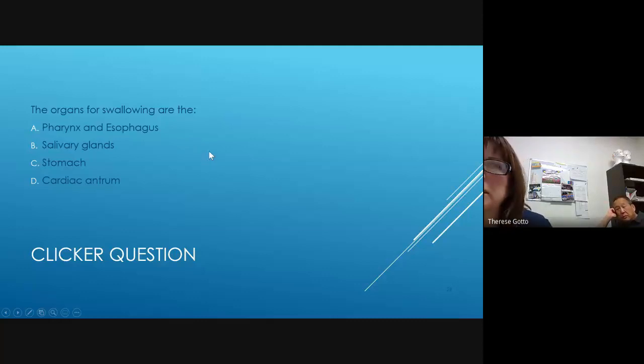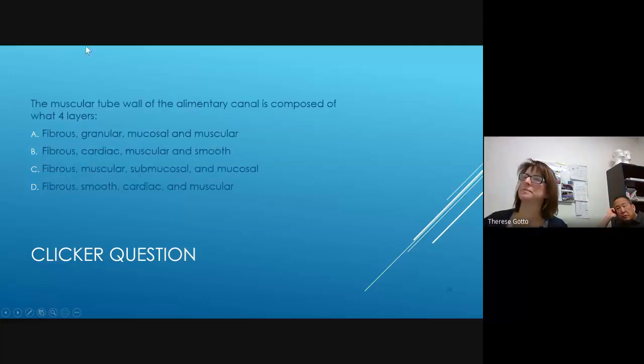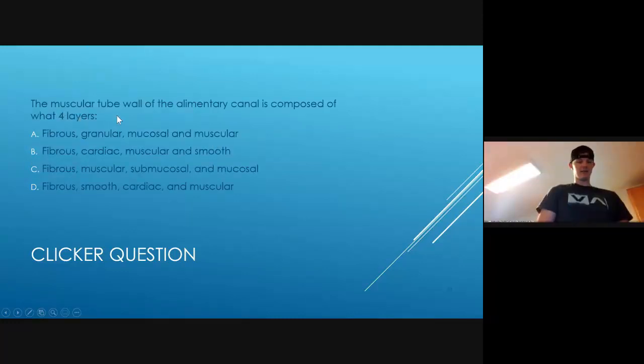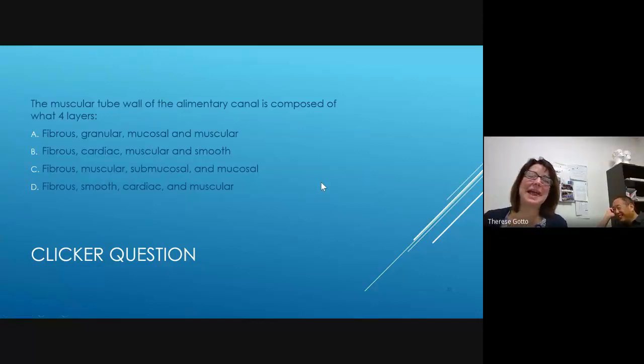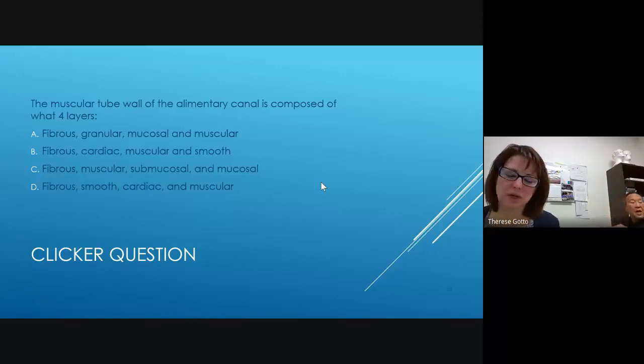Accessory organs? Do they help? Okay, we're gonna move on. Salivary glands. They break down. And then the muscular is the contraction part for swallowing.